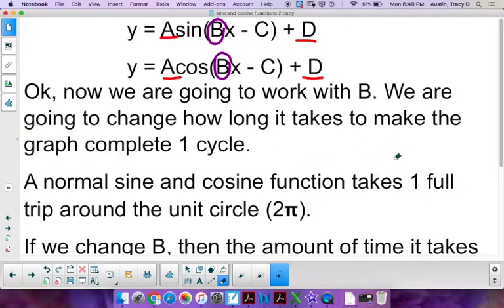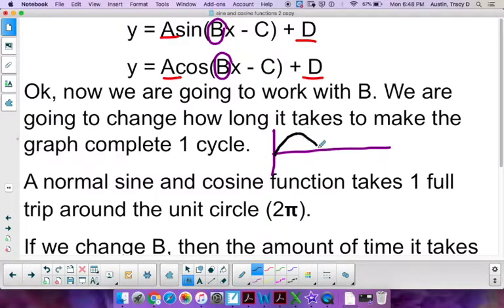Okay, full all the way around the circle to make one full curve. Okay, and when I say it makes one full curve, what I'm talking about is if you were to keep drawing your sine function, that's one full curve, right? And then it would basically repeat itself at a different start, and it would just keep going forever and ever.